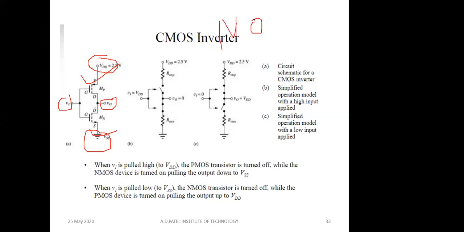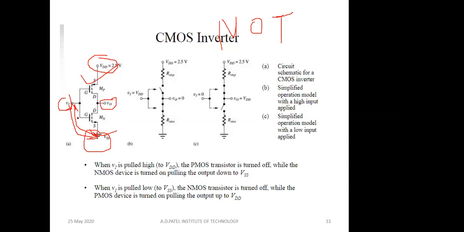So how will your NOT gate work in case of CMOS? This is the input. Whenever we are applying input, we are applying between this point and this point. This is N channel, this is P channel. On the N channel we will have VI applied between the gate and source, that is the VGS voltage. Based on the VGS voltage, as we understand in the MOSFET, there will be switching on and off.